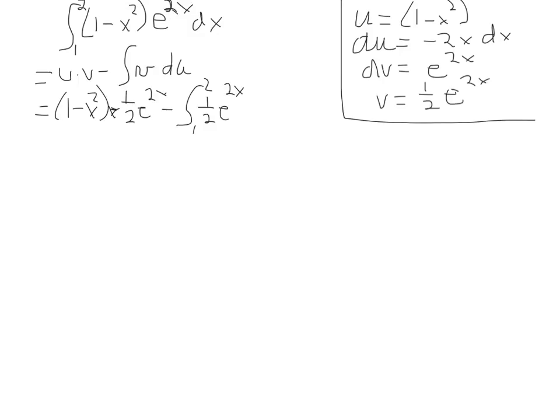Now I could write that 1/2 in front of the integral sign, but I'm not going to do that because when I multiply v du, I've got a -2 there, and the -2 and the 1/2 can cross out that way, so I get rid of it permanently, which is nicer. And so now I'm just going to leave this part alone here.